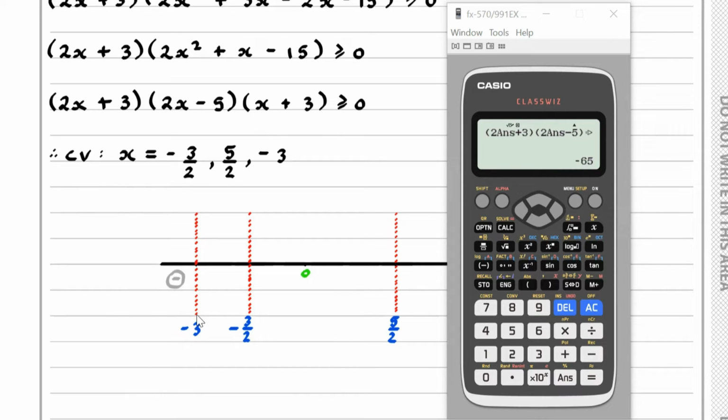Now let's test a value in between negative 3 over 2 and negative 3, such as negative 2. Substituting that back into here, we have 2 times negative 2 plus 3, 2 times negative 2 subtract 5, negative 2 plus 3, we end up with 9, something positive.